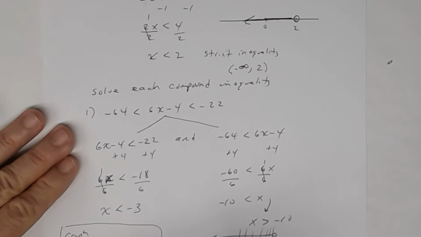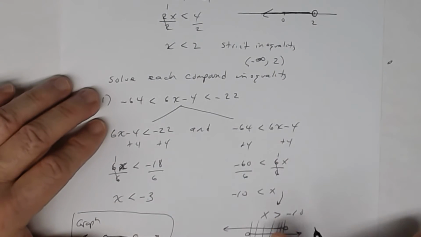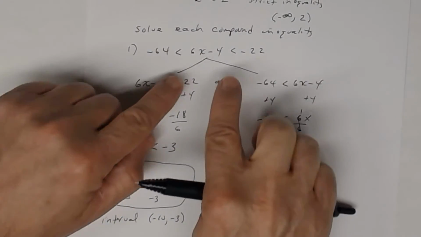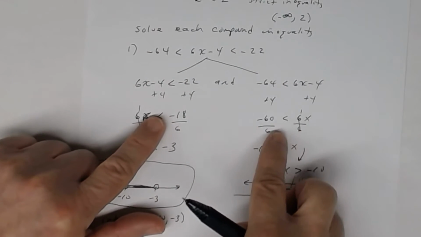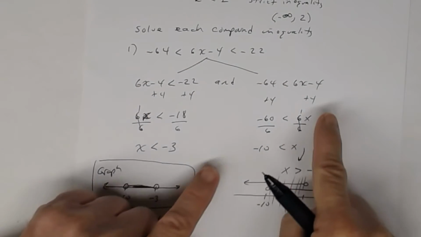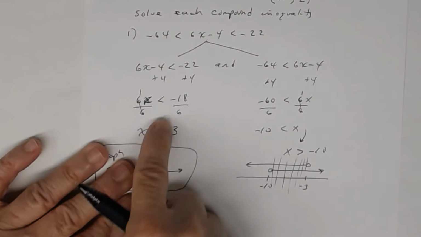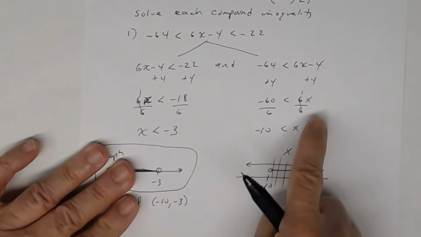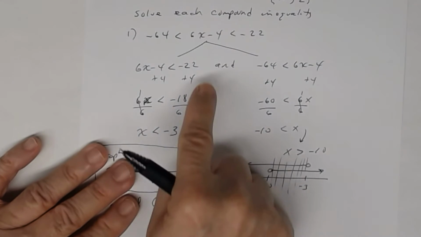So let's kind of review this. When solving a compound inequality, one approach is to split it up into two simple inequalities. You're going to solve each simple inequality. Now remember, when you solve each one, you're finding solutions to the first simple inequality, and you're finding solutions to the second simple inequality. Remember though, you're trying to solve the original.